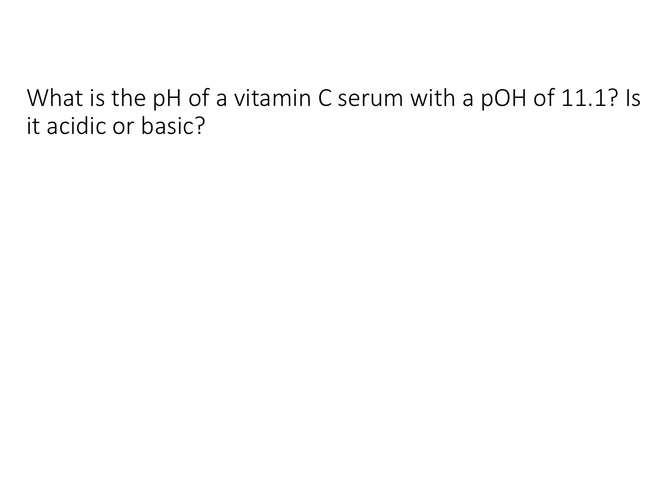Well, if I'm given the pOH, the easiest way to solve this is to use the equation pH plus pOH equals 14. I am trying to get the pH by itself, so I'm just going to take 14 and subtract the pOH.